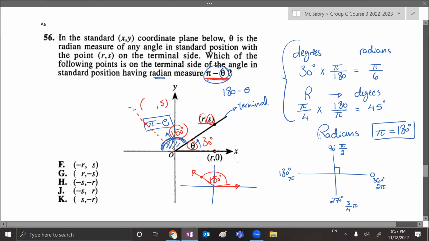Here, this point was r and 0. There, this point would be negative r and 0. So that means that the point on the terminal side of the pi minus theta angle would be negative r on the x, but positive s as it is on the y. Does that kind of make sense?